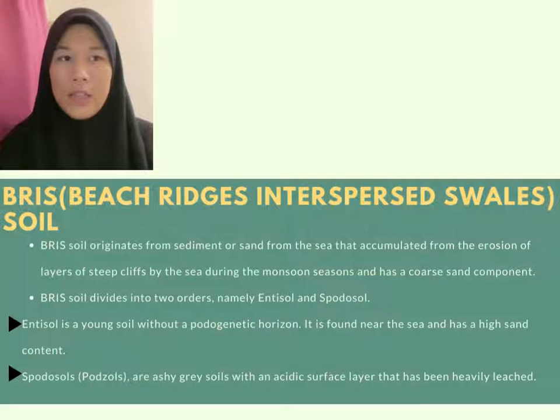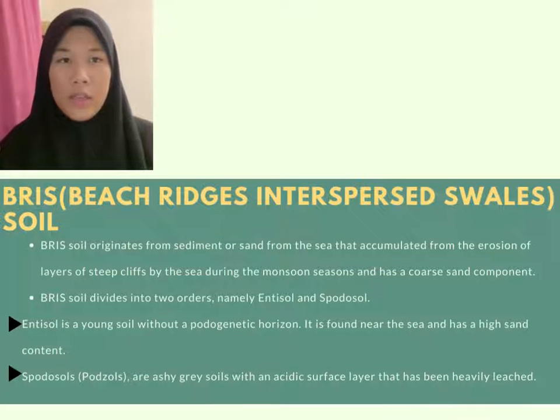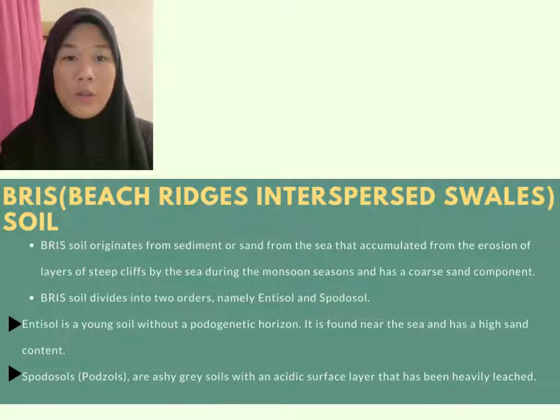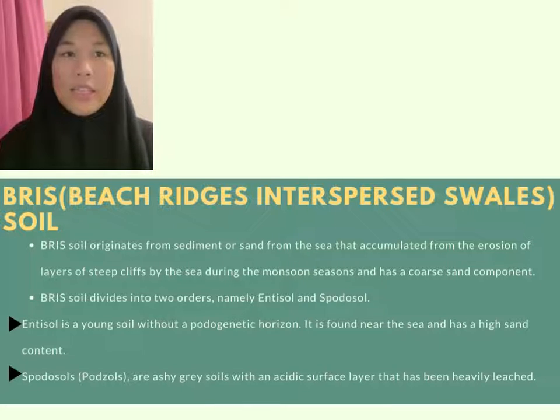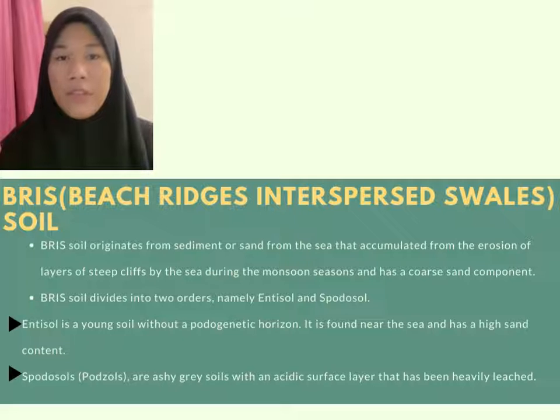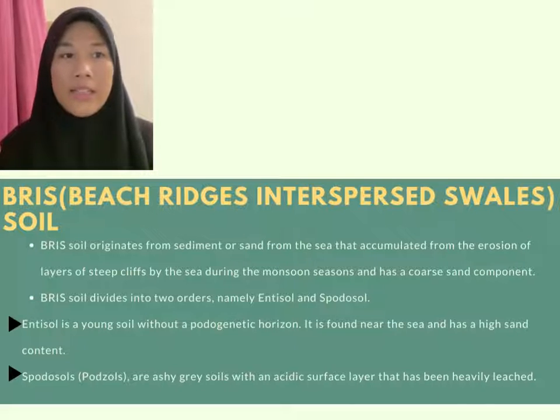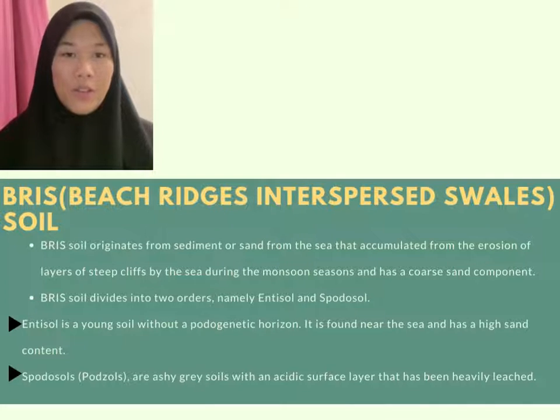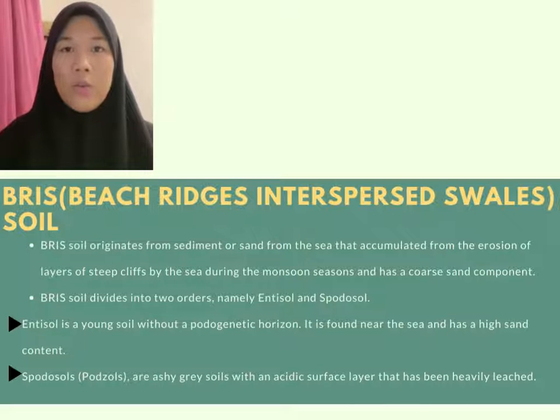Bris soil divides into two orders, namely entisol and spodosol. Entisol is a young soil without pedogenetic horizons. It is found near the sea and has a high sand content. Spodosol or podzols are ashy grey soils with an acidic surface layer that has been heavily leached.